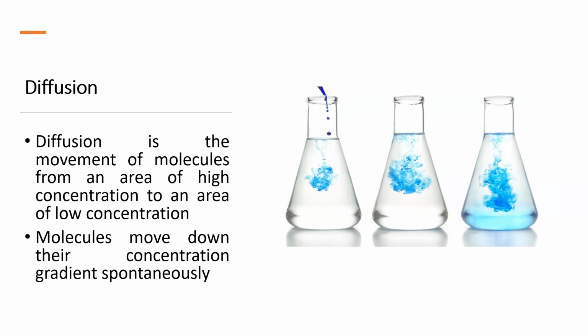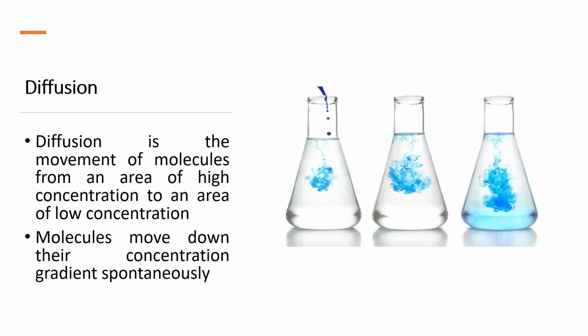So in this example, if I have a flask of water and you drop some dye into it, the dye is highly concentrated, right? And then it will on its own spread out until the whole solution is blue. You don't have to swirl it or anything. You could, and swirling will make it diffuse faster, but on its own, it's able to do it without any kind of intervention.